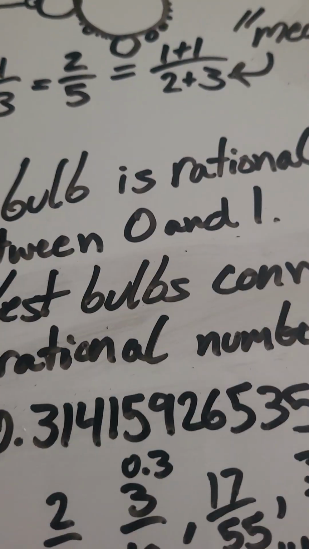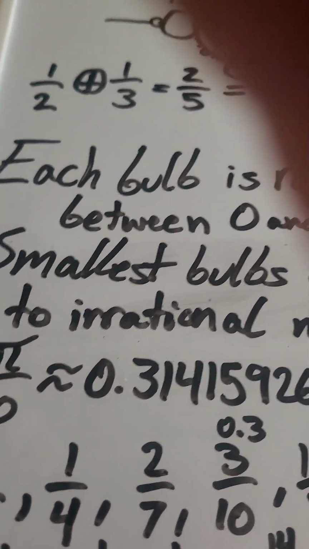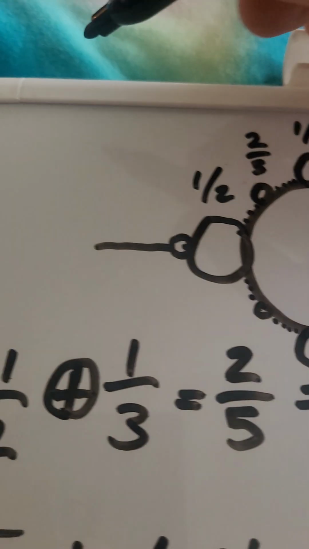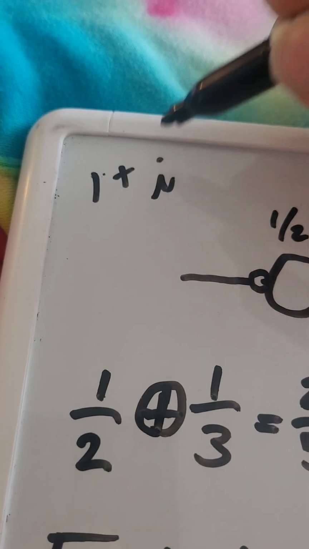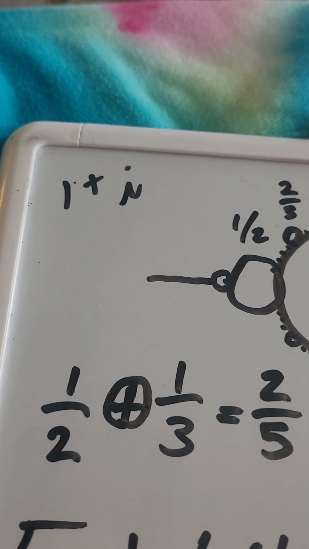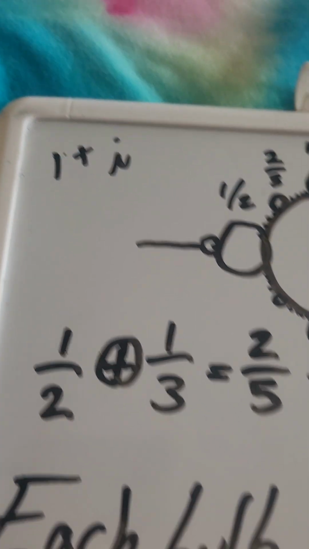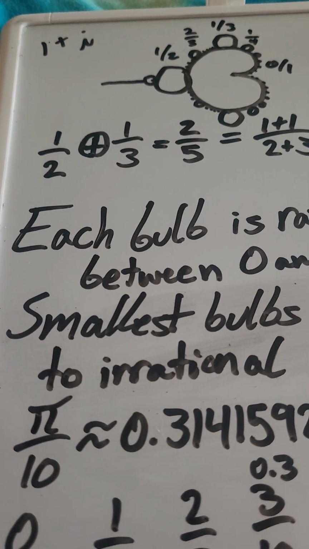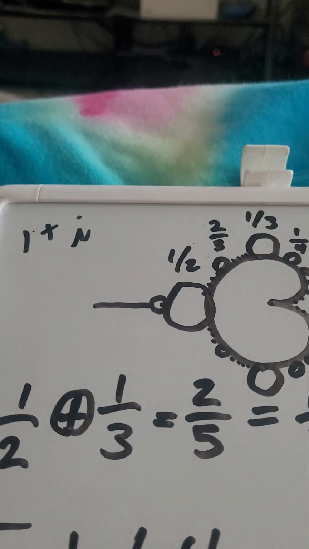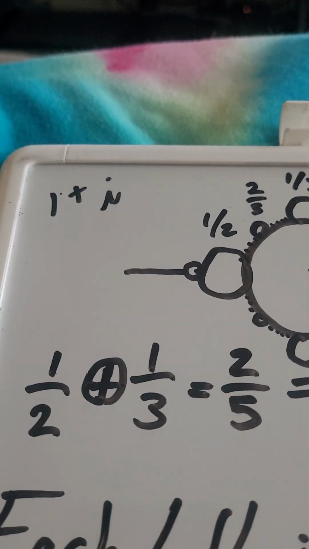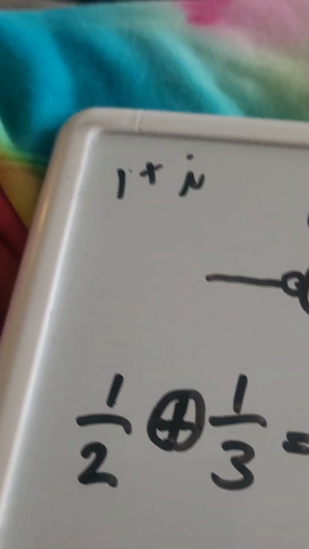But anyways, the Mandelbrot set is a set of complex numbers, which is basically anything that has a real component and an imaginary component, something like 1 plus i, right? It could be 14 plus i, it could be 20 plus 2i, it could be 70 minus negative 14i, but that wouldn't be simplified.